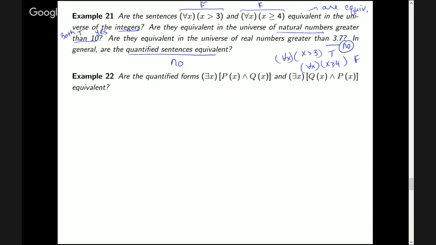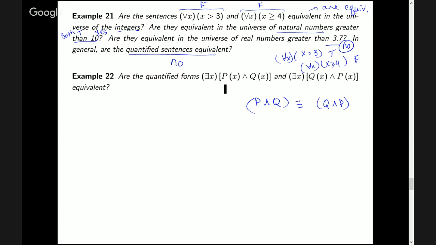Look at example 22. Are the quantified forms there exists an x, P of x and Q of x, and there exists an x, Q of x and P of x equivalent? Before we do P of x and Q of x, tell me about P and Q. That's identical to Q and P. The order doesn't matter for the and.